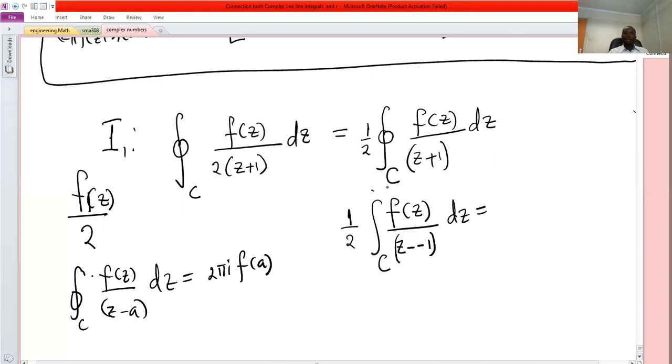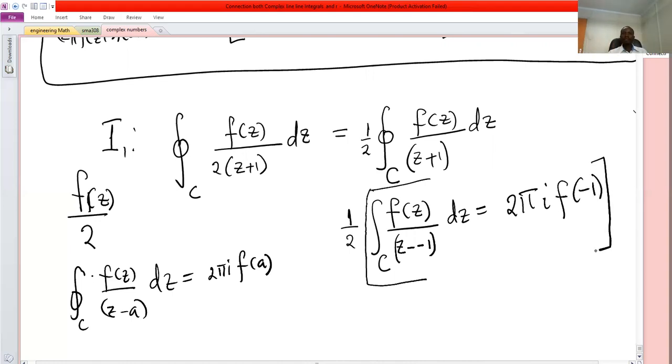So this part alone, without the half, is what will give me 2 pi i, then f of minus 1. So it means that if I have a half, then I'll be multiplying that answer by a half. So that's really what it means.